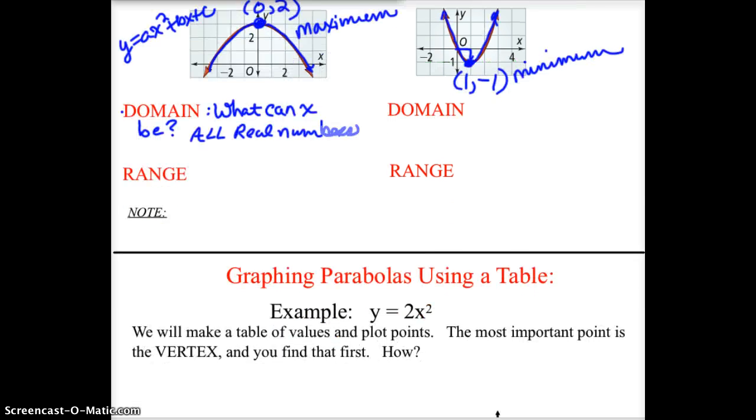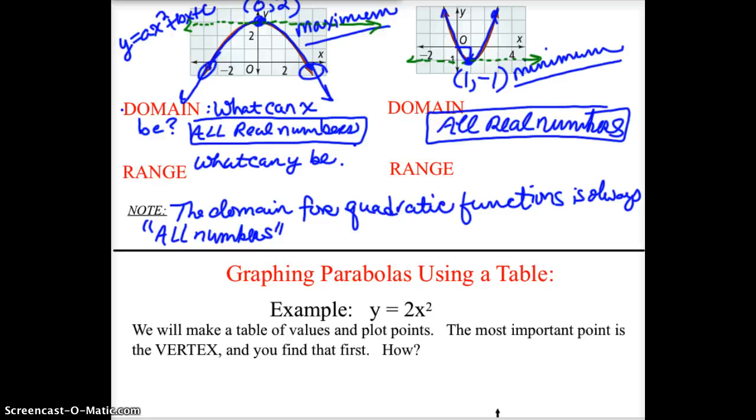So you'll notice up here that this peaks out at 2, and the entire parabola lives under that line. So we'd say our range is y is always less than or equal to 2. On this one, though, it's a minimum point, and so it's living above that line. That line is down at -1, so we'd say the y's are greater than or equal to -1.